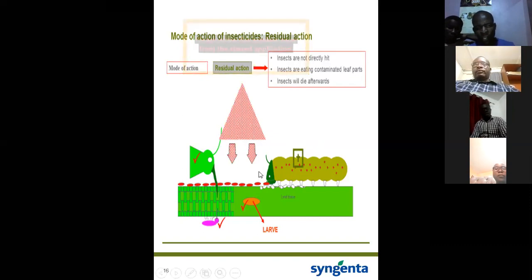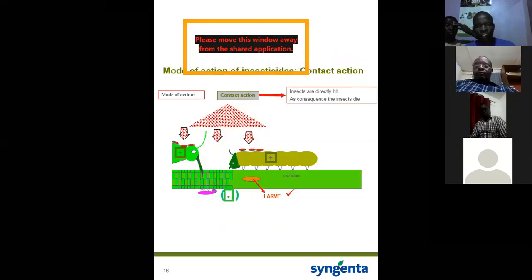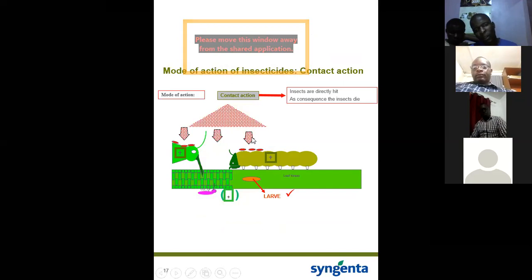When you spray it, it's able to stay for a long time. When an insect comes in and wants to feed on a plant, it will find that the chemical is already on the crop, and then it will be knocked down. Then we've got the contact action. These red dots represent the chemical being sprayed.